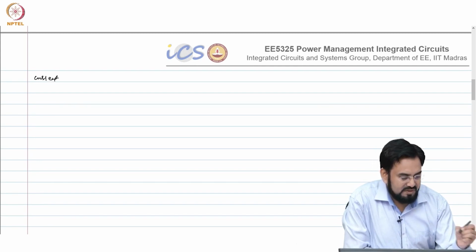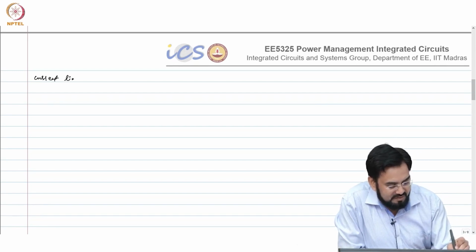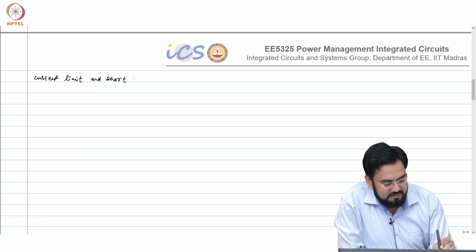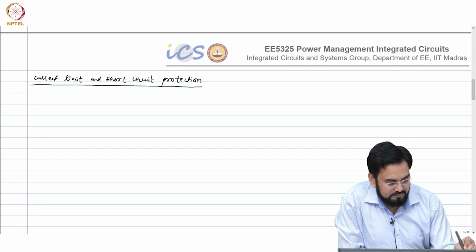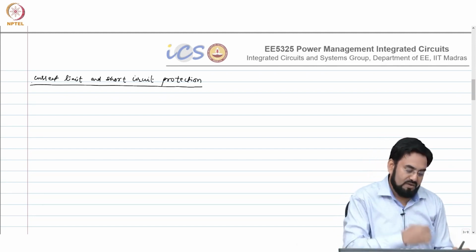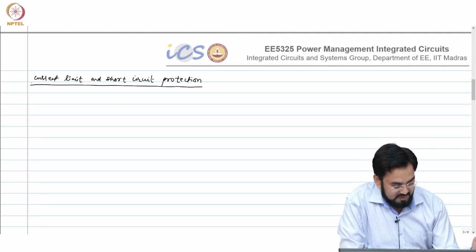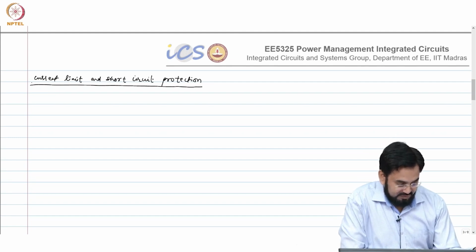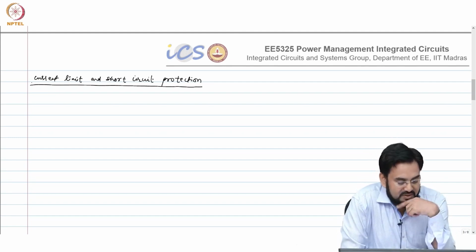So let us move to the next topic, current limit. So there is something called current limit and short circuit protection.